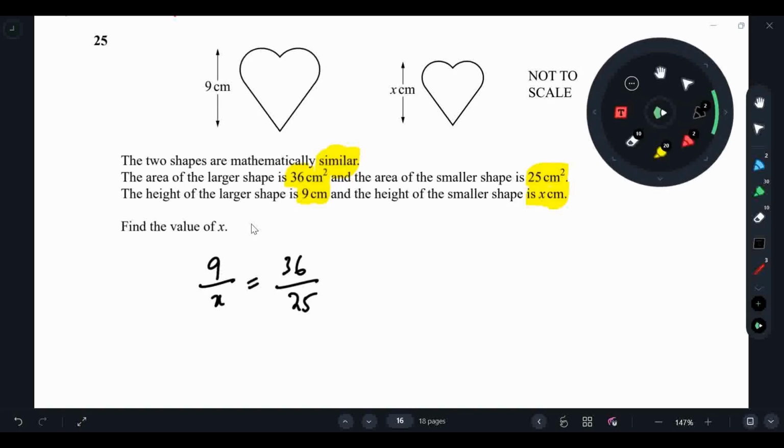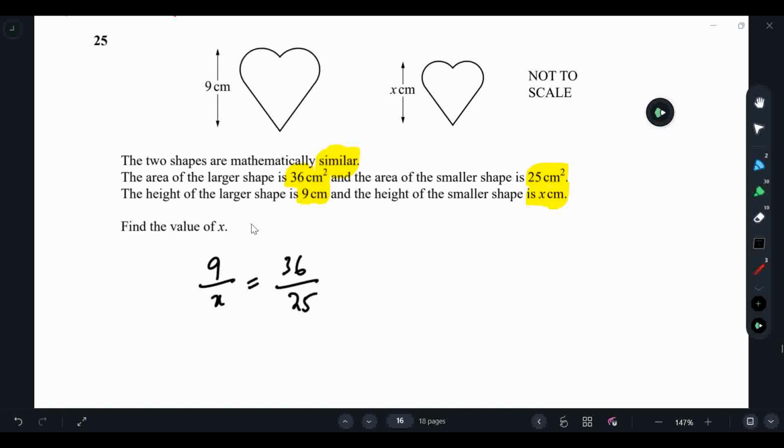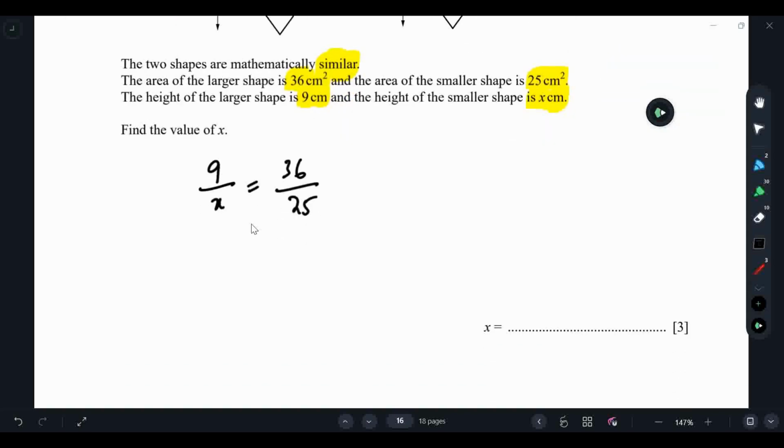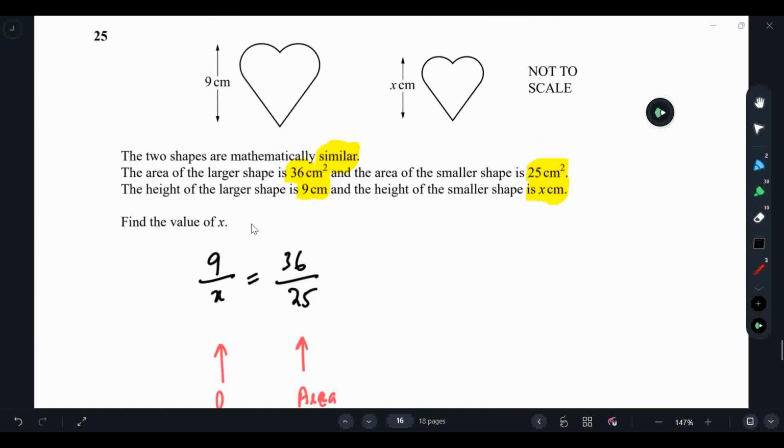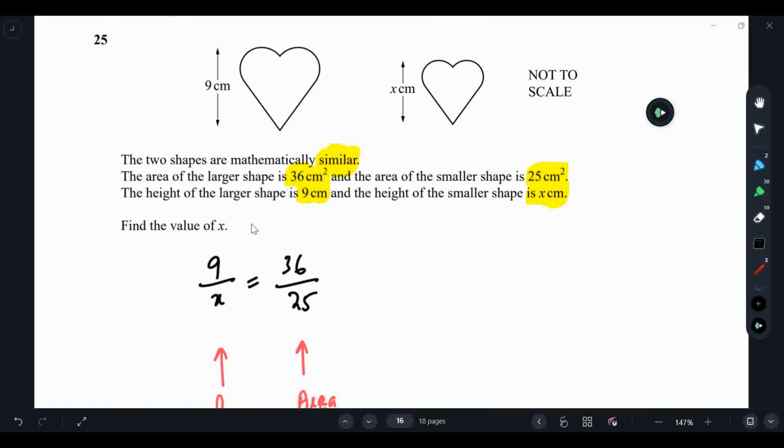Now here we have a very important and very tricky point: on the left hand side we have the length and on the right hand side we have the area. So whenever we are comparing the ratios of area and length, we have to take the square on the length side, to make the same units so that we can compare.